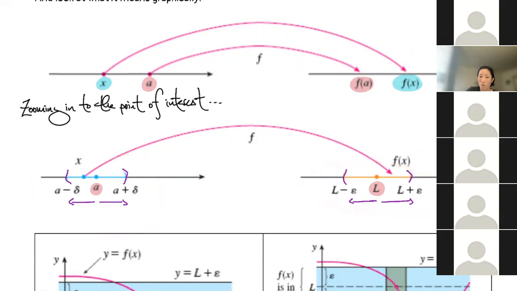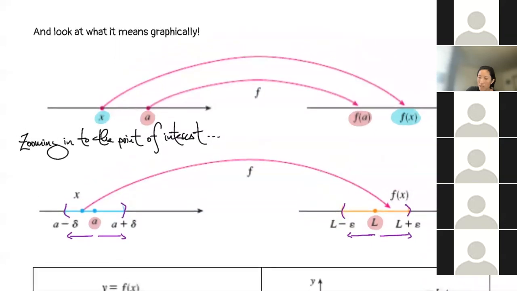Okay, let me say that one more time. If I carefully choose my input to be small enough, then I will get an output that is accurate enough. All right, so this horizontal input output is one way of visualizing the epsilon delta, okay?